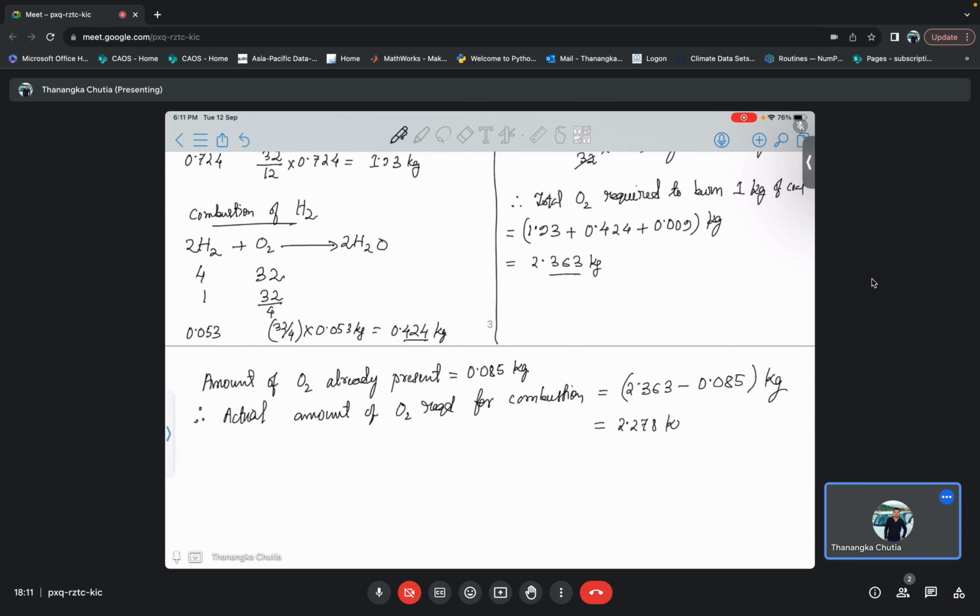So this much amount of oxygen is now actually required, because some amount of oxygen is already present, so we have subtracted it. Okay, fine.